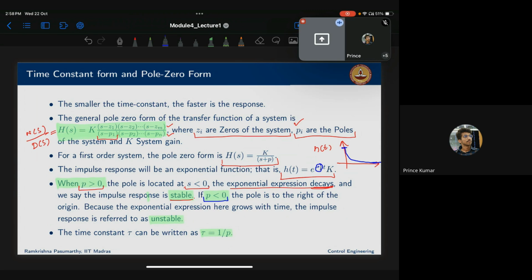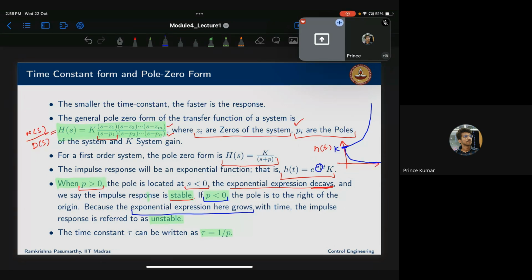Then the exponential expression starts growing. That means the response starts at some point and keeps on increasing like this. It never gets settled to any value. Usually the value is k here.